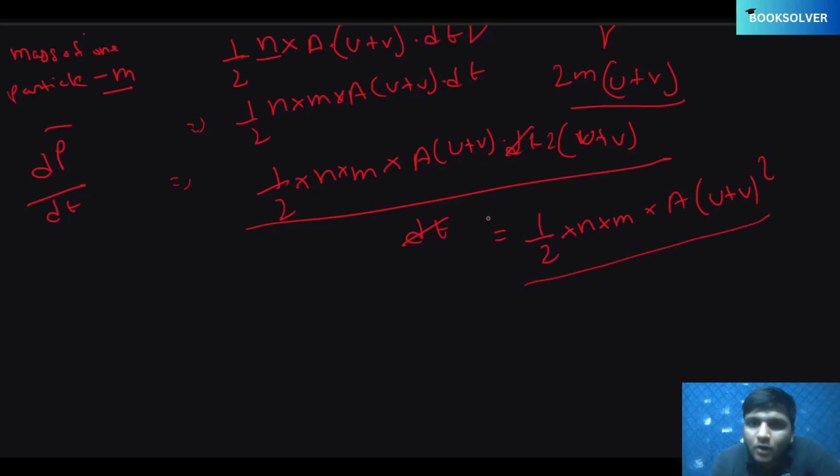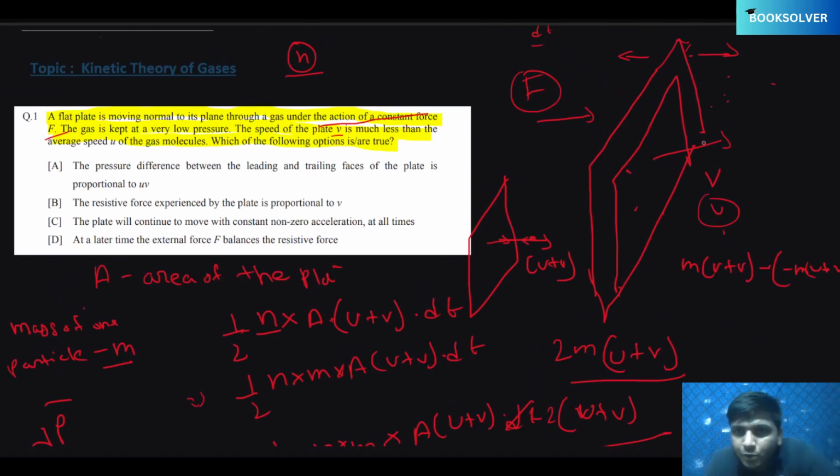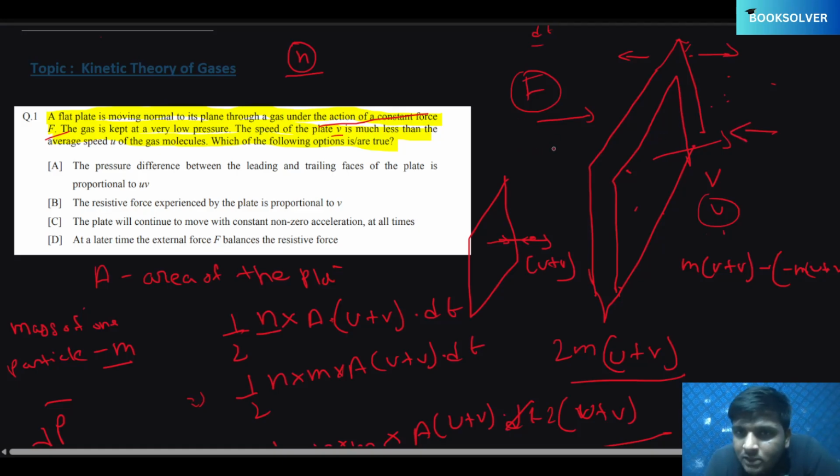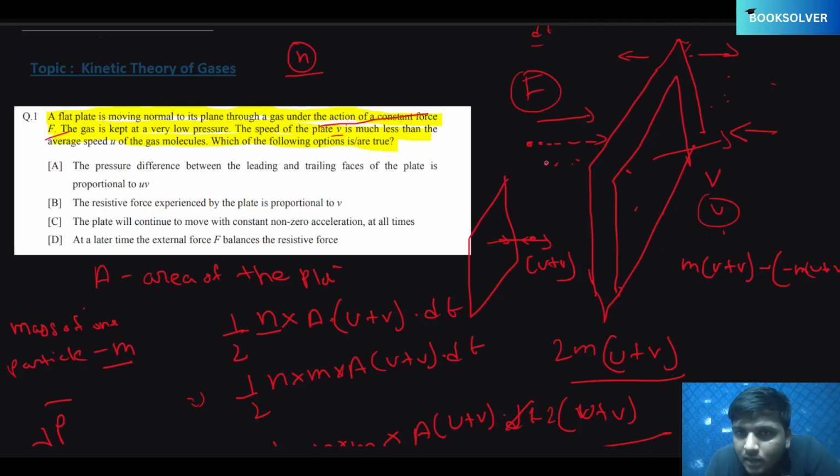Similarly, for the forces, as I told you, some particles are moving away from it and some particles are moving towards it. So at this point also, some particles will be moving towards it and some will be moving away from it. So we know that for this particle, what will be the relative velocity? It will be nothing but u minus v, because the plate is actually moving away from the particles.